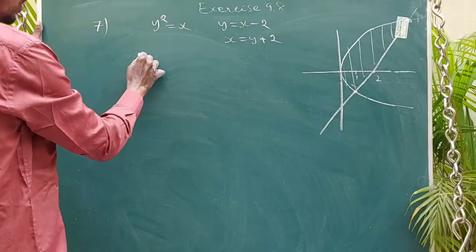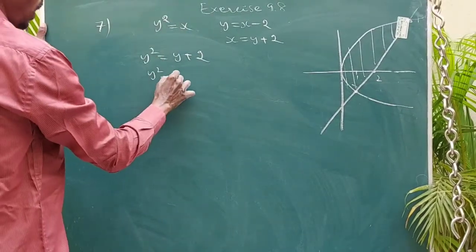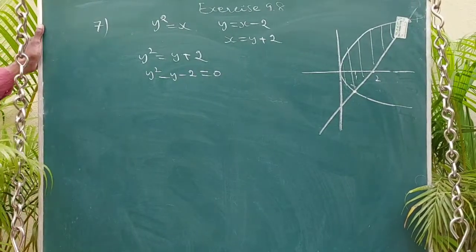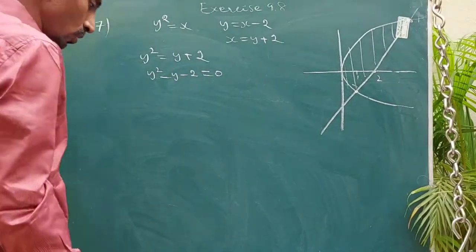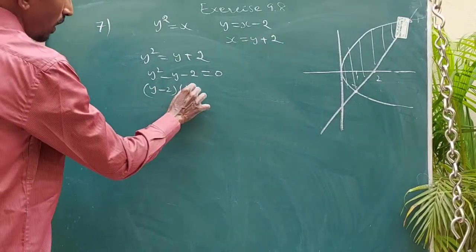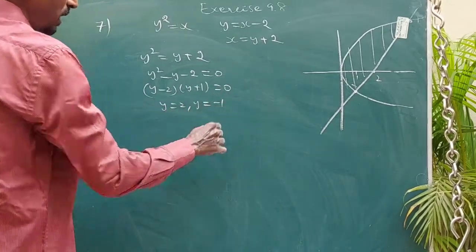Okay, so y square equal to y plus 2, y square minus y minus 2 equal to 0. So addition is minus 1, product is minus 2. So what we are getting? y minus 2 into y plus 1 equal to 0, y equal to 2 or y equal to minus 1.